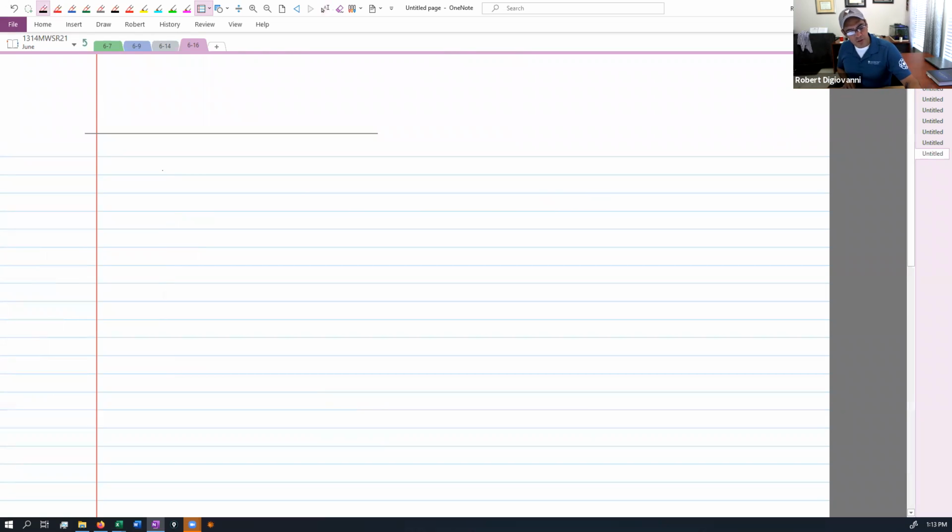Okay, 2 special lines: vertical and horizontal. All vertical lines that go straight up and down are written x equals a number.